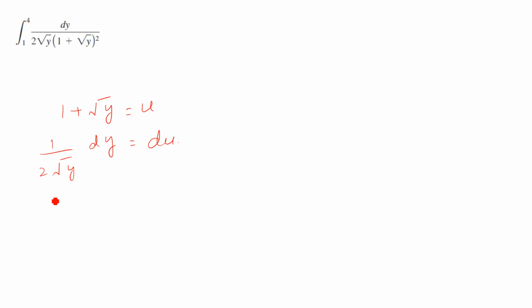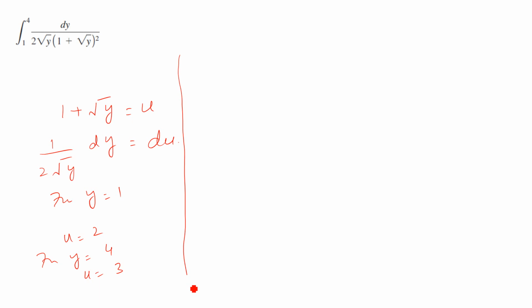Limits. So for y is equal to 1, we have u is equal to 1 plus 1 is 2, and when y is equal to 4, then u is equal to 1 plus square root of 4, that is 2, so u is equal to 3.